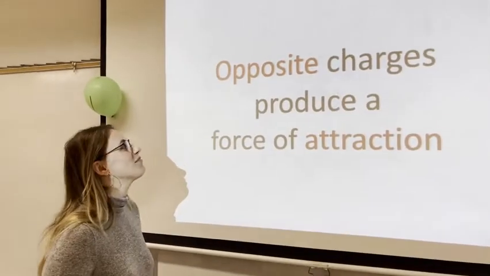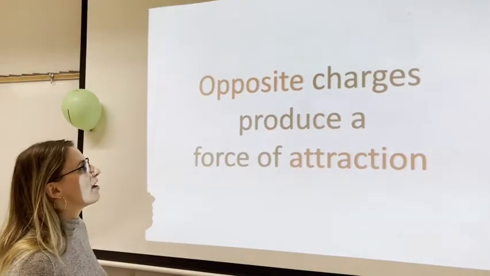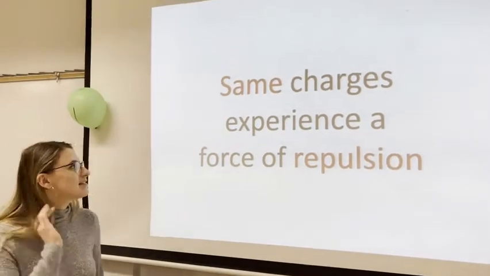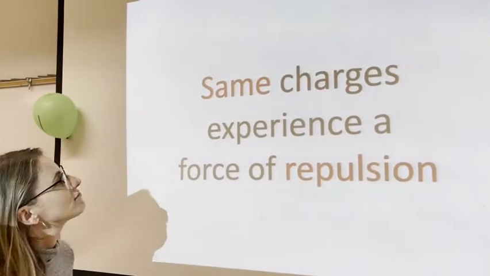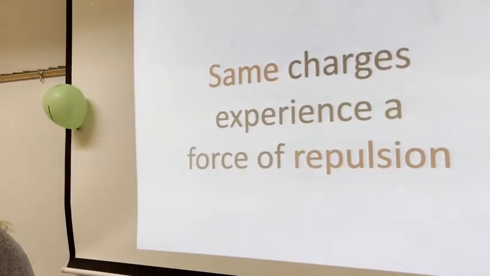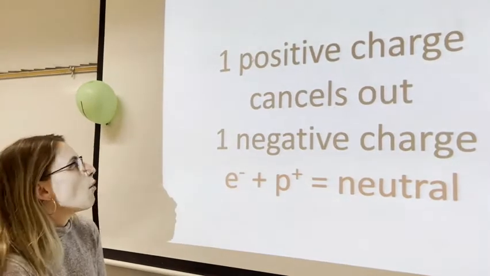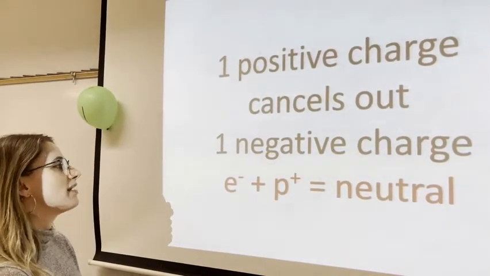Okay, so a little bit of review. Opposite charges produce a force of attraction, and same charges experience a force of repulsion. Opposites attract, like charges repel. One positive charge cancels out one negative charge.